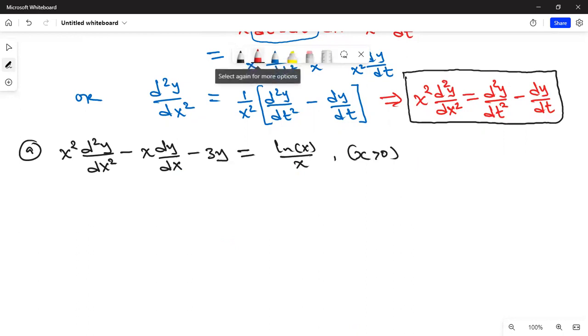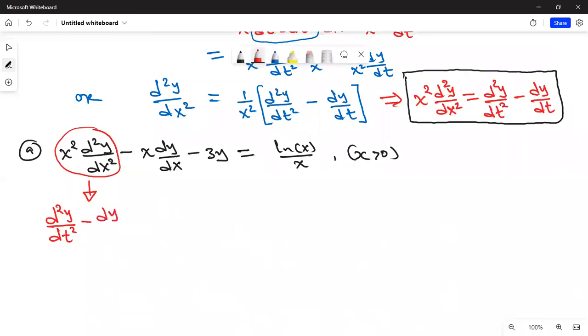So this first derivative will give us the whole of this one. Let me circle it. The whole of this will give us d squared y over dx squared, minus, it's now over dt squared because we are changing from x to t. So instead of x, I'll write t, minus dy dt.